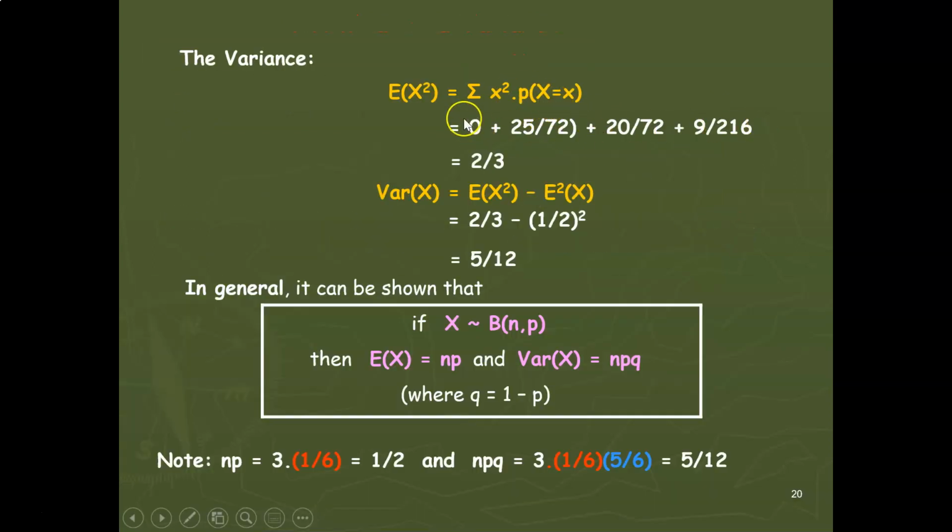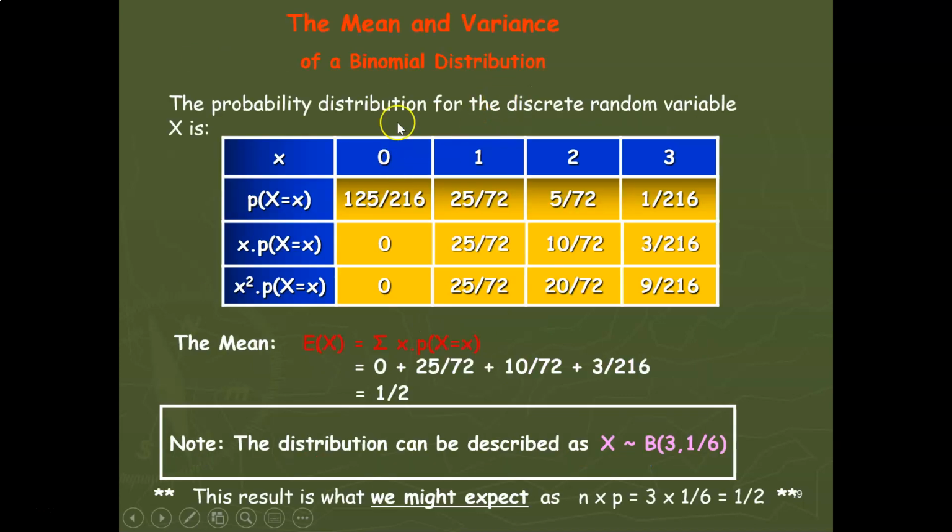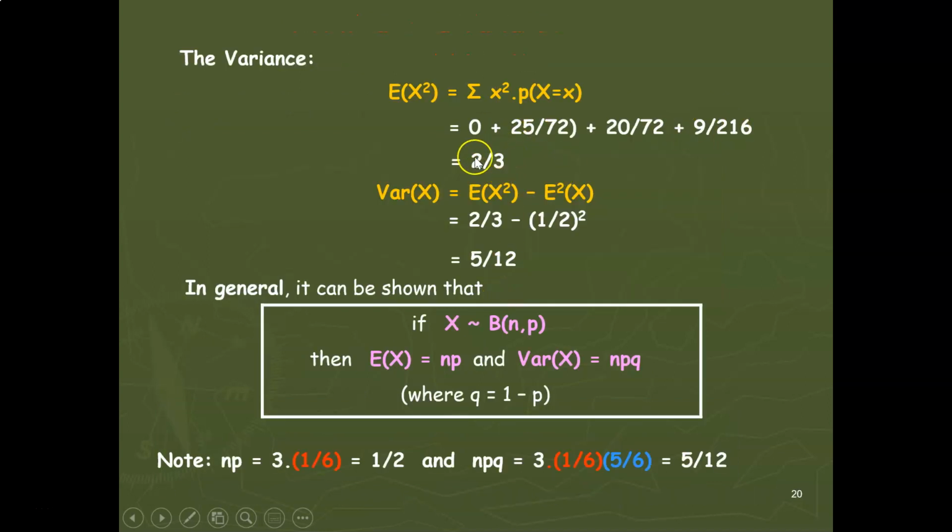I believe you know how to find this: the value of x, you square it and then multiply with P(x). So you get this. This one you square, multiply with this, then you get this. Then you total up all together, and you get this part. So for the variance of X, you have expectation of x squared minus the square of the expectation of x. So you have this part.